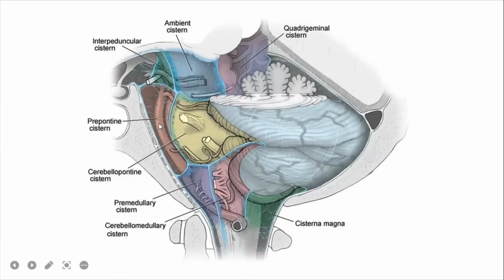Lateral to the prepontine cistern is the cerebellopontine cistern, and lateral to the premedullary cistern is the cerebellomedullary cistern. Posterior to the medulla and brainstem, toward the occipital bone, is the cisterna magna. Superior to the tentorium and posterior to the pineal region is the quadrigeminal cistern.